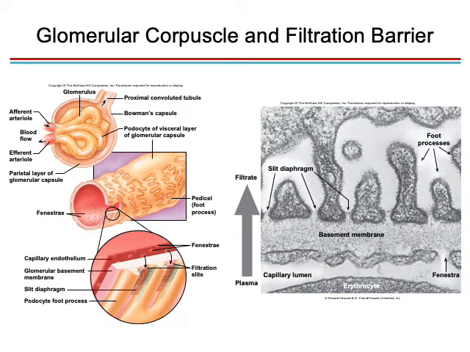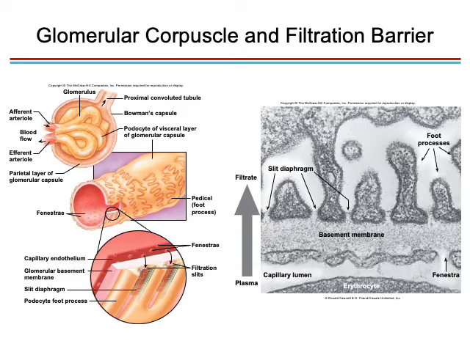Okay, again, this is basically showing you exactly what I described in the previous slide. So let's take a look. On the left is the cartoon drawing of the glomerulus surrounded by Bowman's capsule. You see that the holes of the capillary, the fenestrae, allow material to move through and then eventually enter Bowman's capsule.